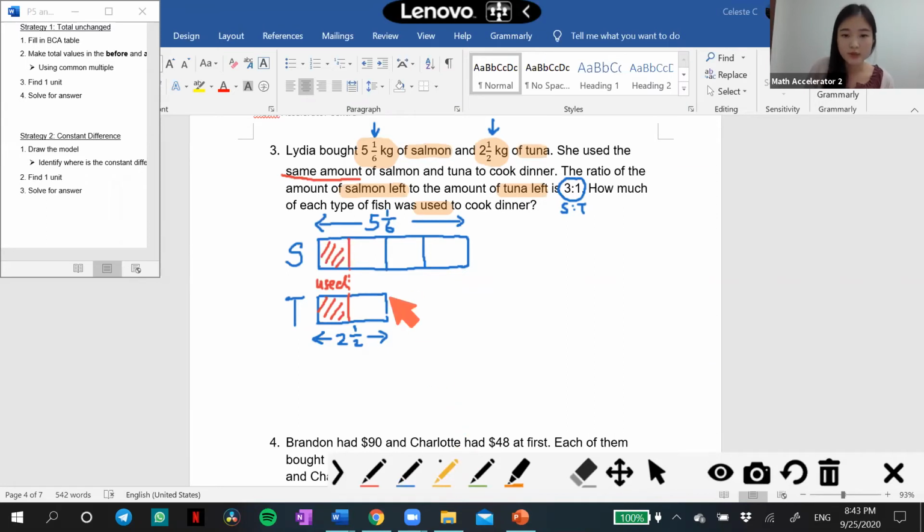So what can you say about this difference here? How do I find it?